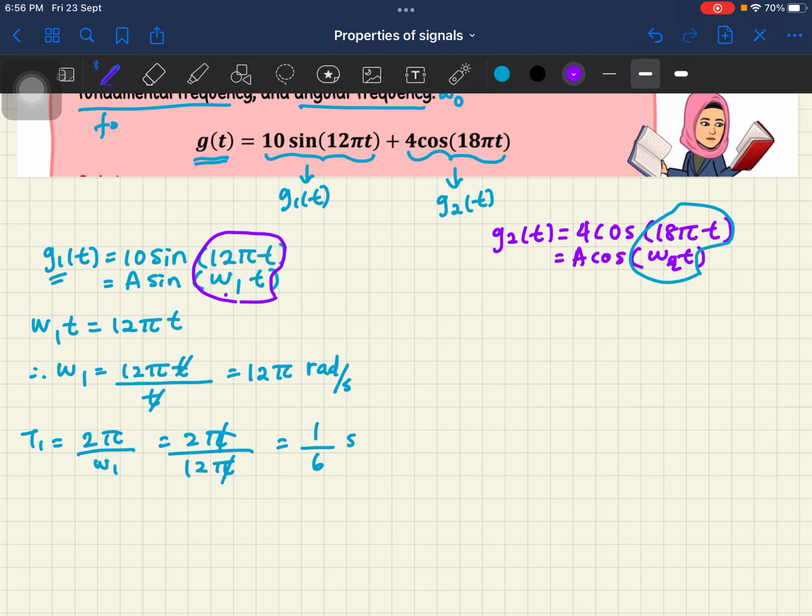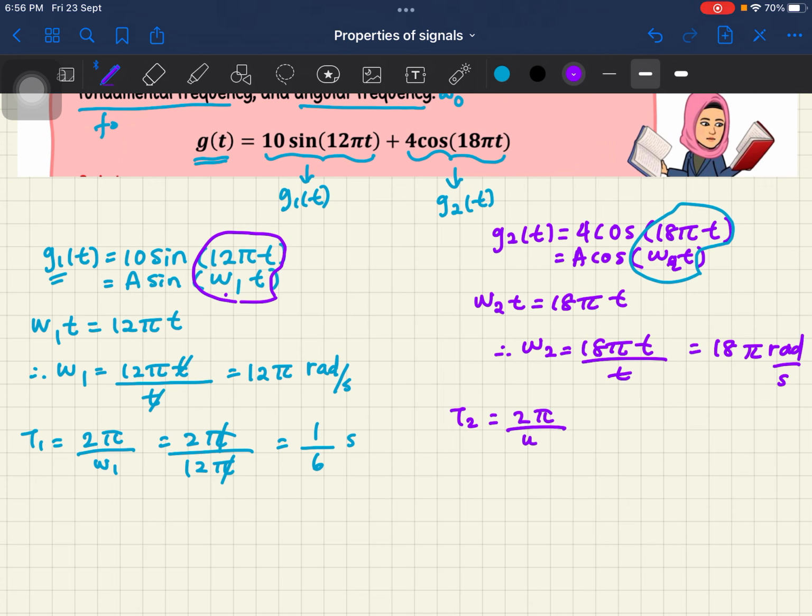So omega 2 t equals 18 pi t, therefore omega 2 is 18 pi t over t, which gives 18 pi radian per second. Then we can calculate T2, which is 2 pi over omega 2, so 2 pi over 18 pi, and we get 1 over 9 second.